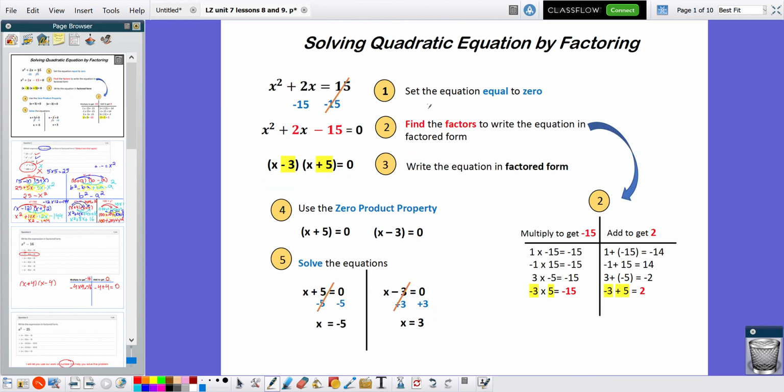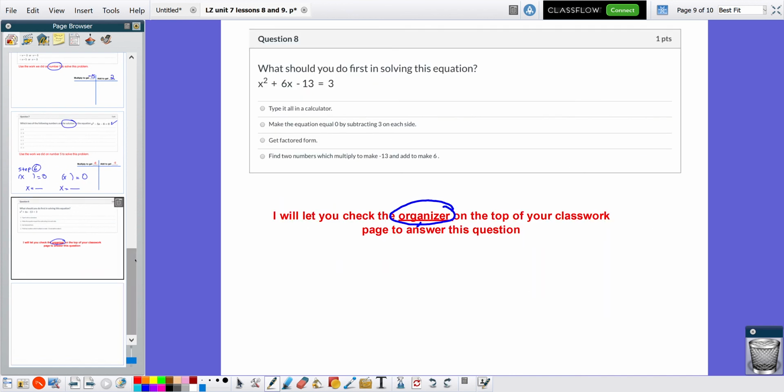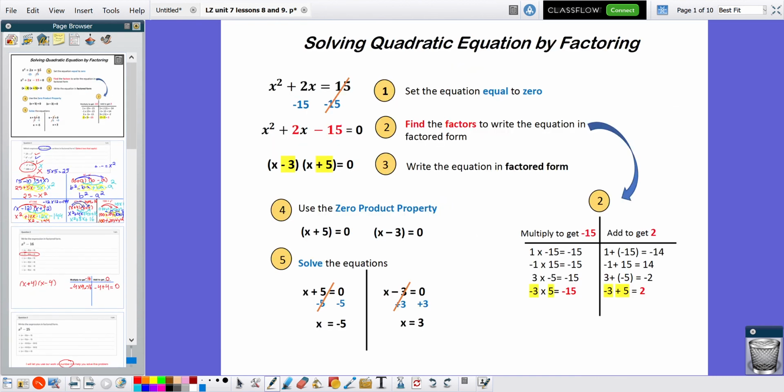So the first step is to set the equation equal to 0 if your equation is not already equal to 0. The equation we have in problem number 8 is x squared plus 6x minus 13 equals 3. So is this equation equal to 0?